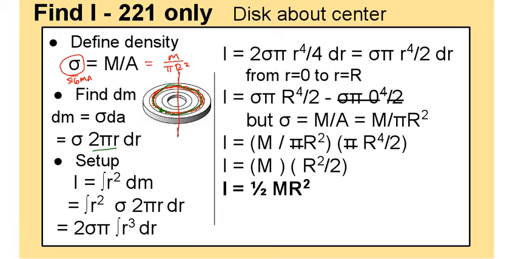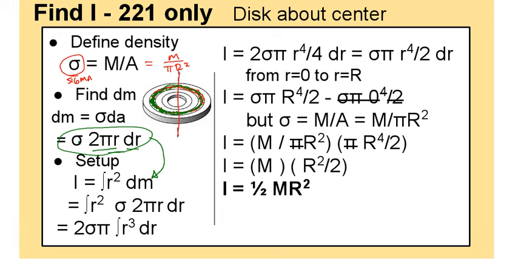The thickness of that circle is dr. So if I multiply 2 pi r times dr, then I would have the area of that little piece right there. And when I multiply the area times the density, sigma, then I would get the mass of that little green shaded ring. So that's the part that I need to have. I have to plug that in for dm, so it comes in right here.